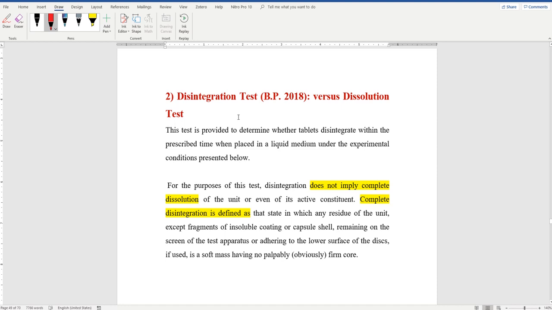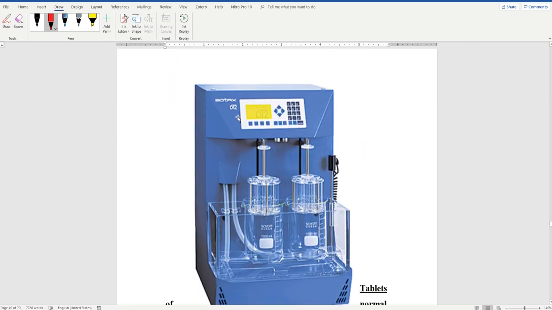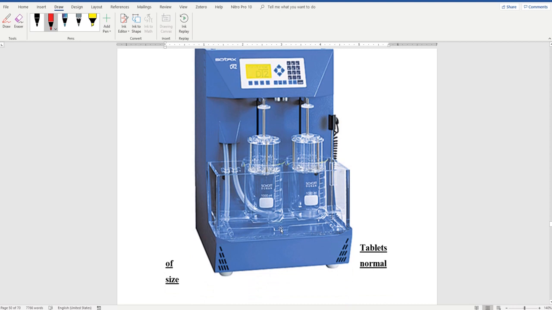Okay, in order for me to explain it to you, I want you to look at this equipment. You will see that there are two stations. Some equipment only have one station. In this station, you will see a basket. There is an upper plate, and there is a lower plate held together by long screws. Okay?